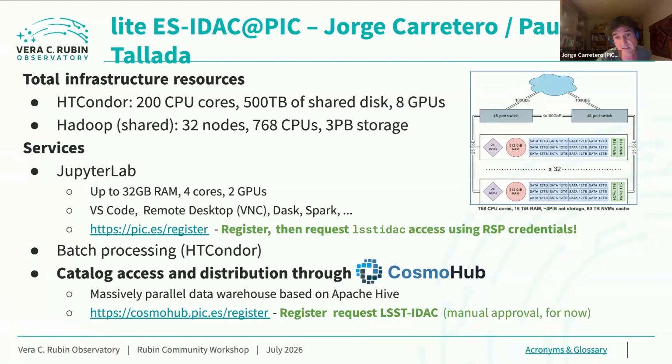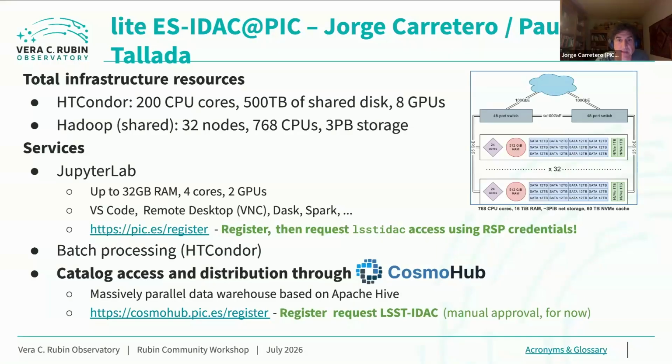And finally, I believe our main product is CosmoHub. CosmoHub is a web portal which allows the users to access and explore very massive, structured data sets. I think it is interesting to remark that we only provide access to catalog data, okay?